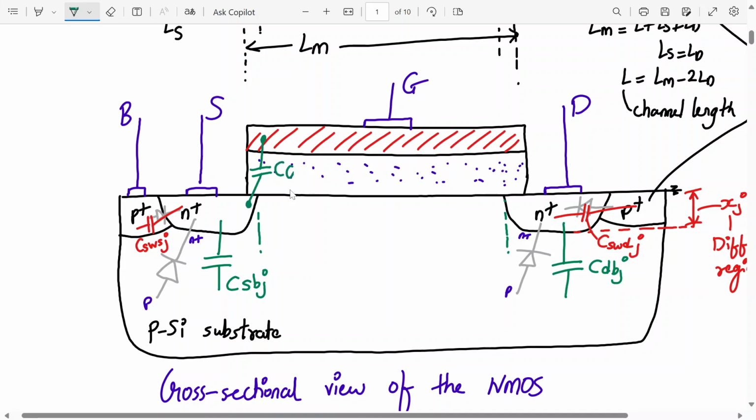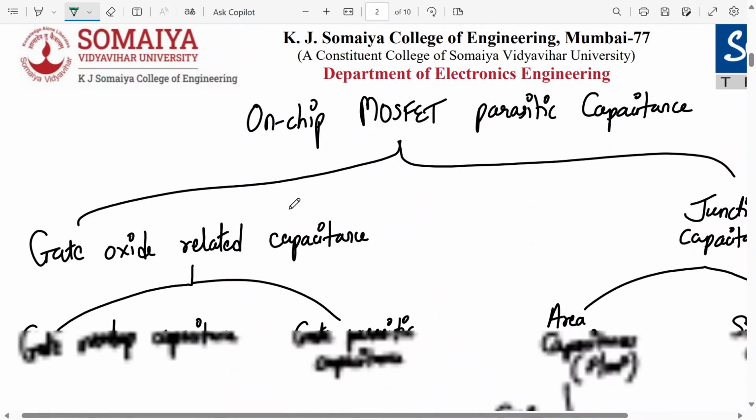This is CGS, gate to source overlap capacitance, and there is one more here because of the overlap. This is CGD, gate to drain overlap capacitance. This is because of the overlap region between the source and the drain with the gate. So these two capacitances are present over here.